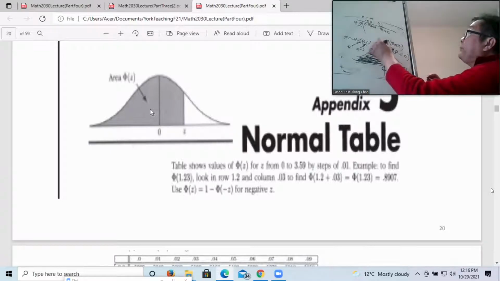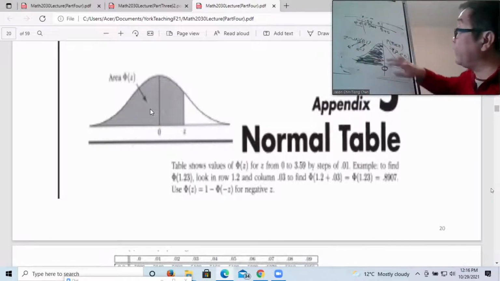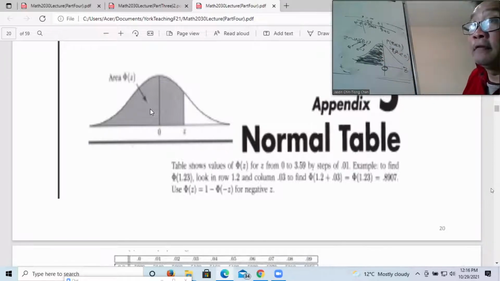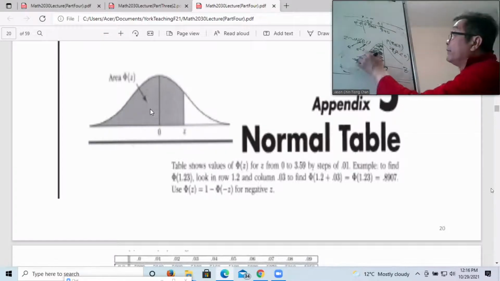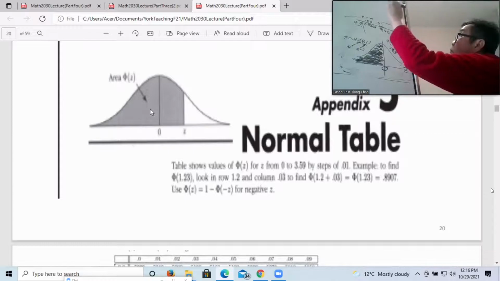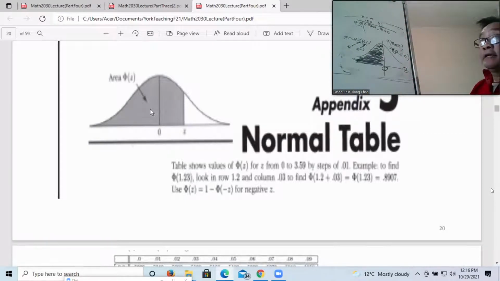So we want this part, and from the table we know right away the answer is 0.5. Half. We color half of the curve. So 0.5.